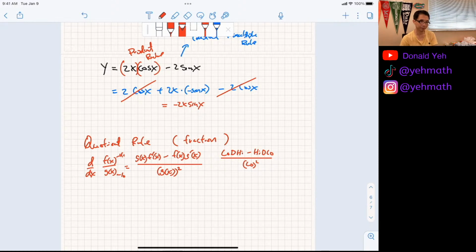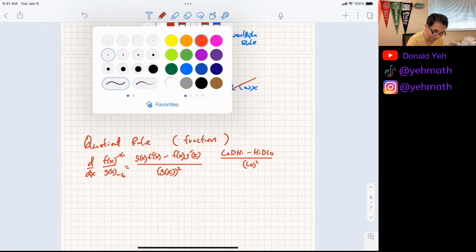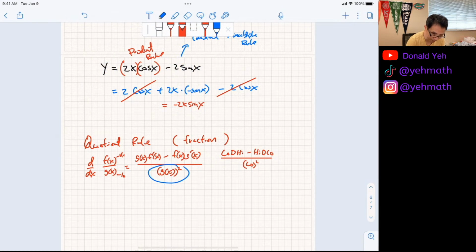And that's it. Now, what people usually forget is the bottom part. Don't forget the denominator. If I grade all this paper, people usually forget the denominator. They forget the square, so don't forget the square.